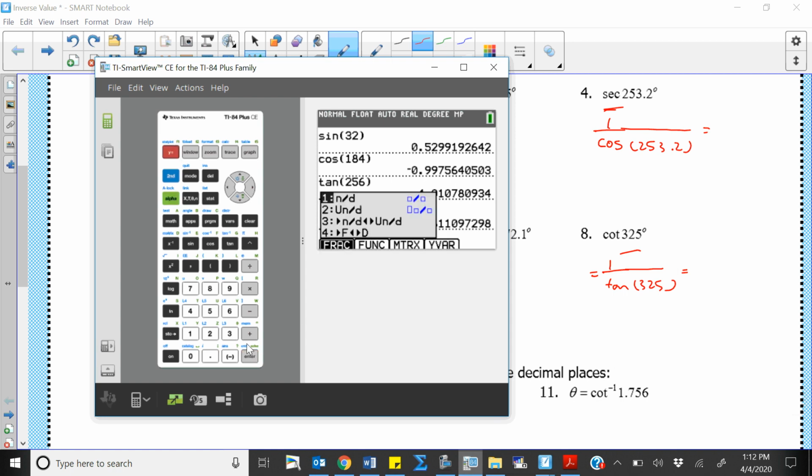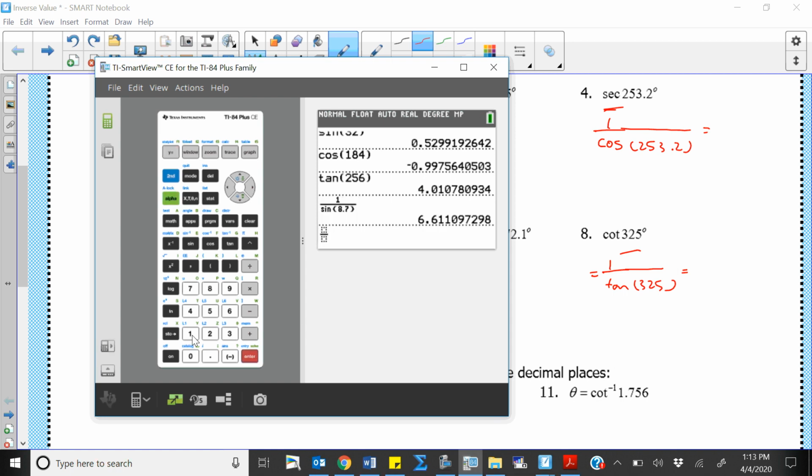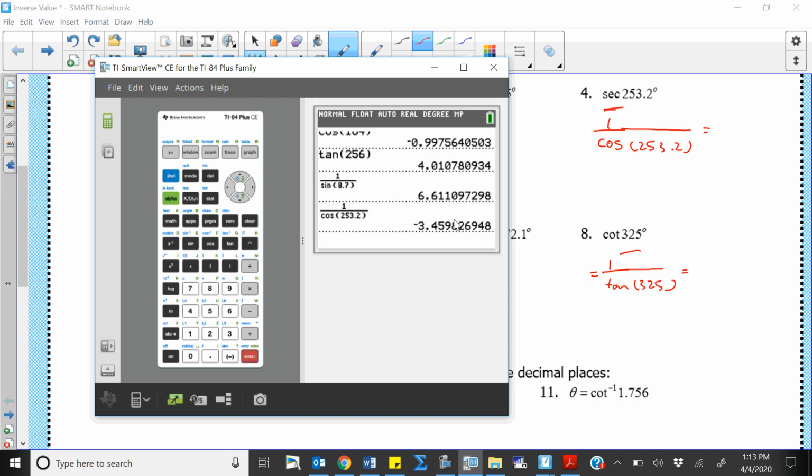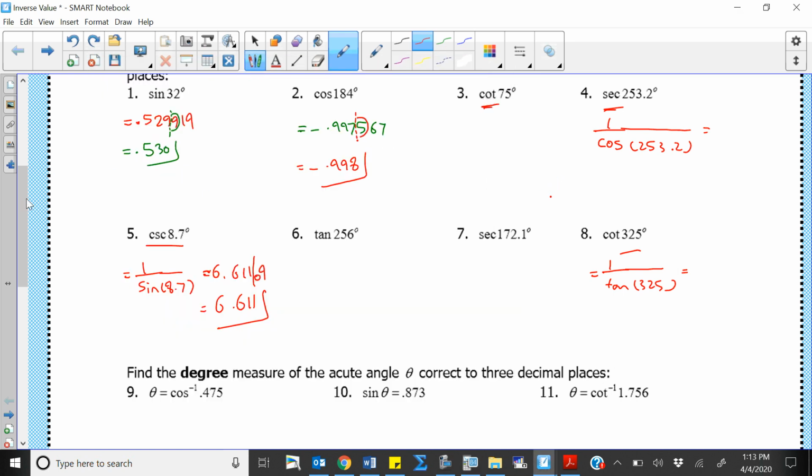Fraction, 1 over cosine of 253.2. And this is the answer. You can round it. I will leave that for you. Okay, let's go to the next part.